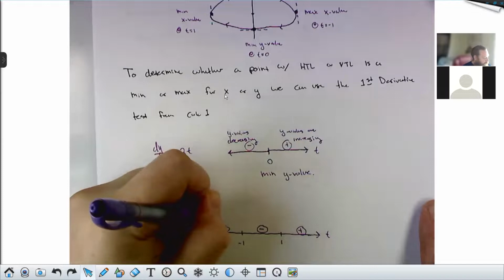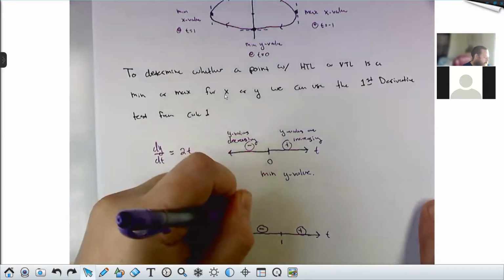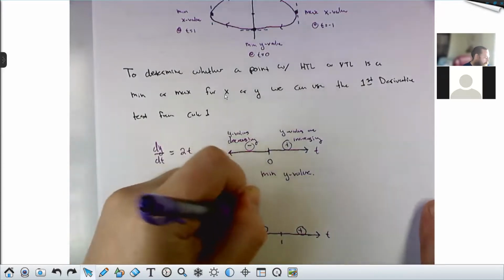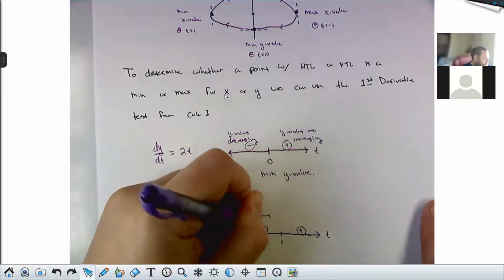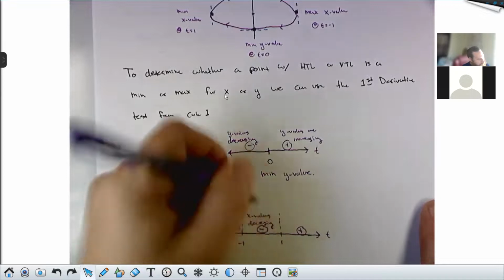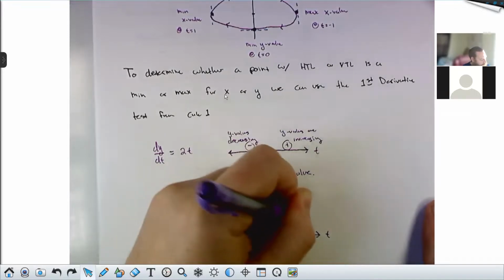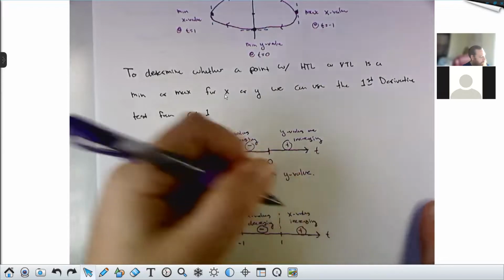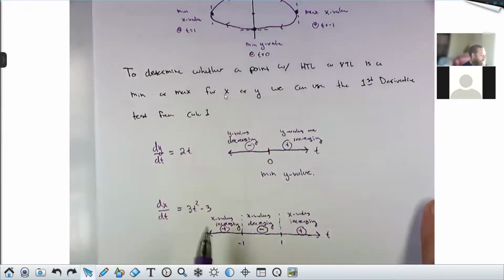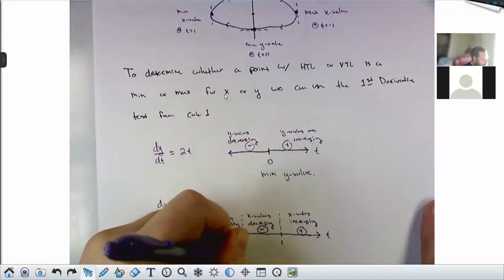That means over here, my x values are increasing. Means in here, my x values are decreasing. And over here, this means my x values are increasing again. So if your x values go from increasing to decreasing, that must be a max x value.